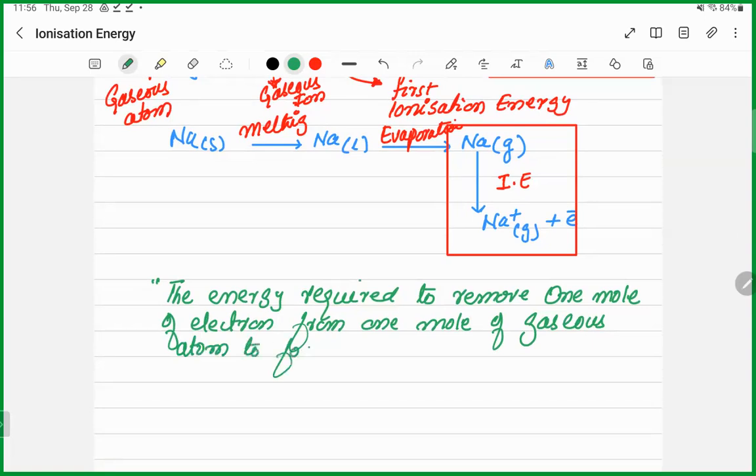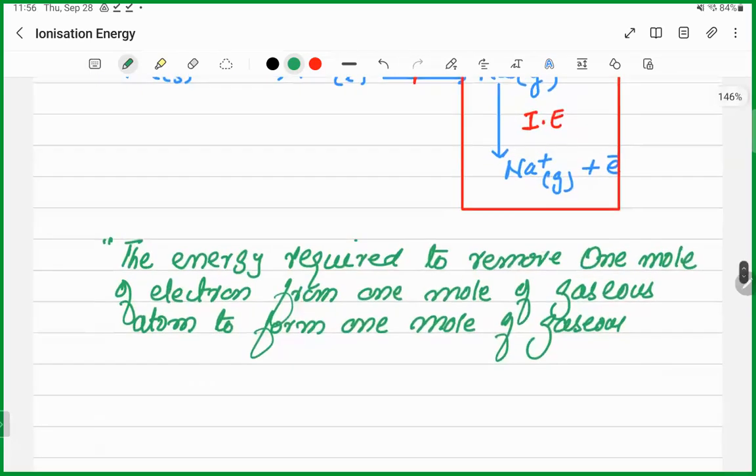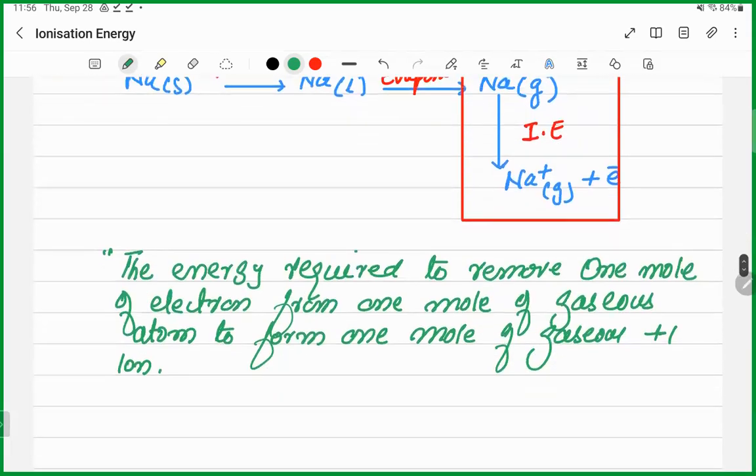To form 1 mole of gaseous plus 1 ion. And as we use a standard condition, at the end you will write under standard conditions.